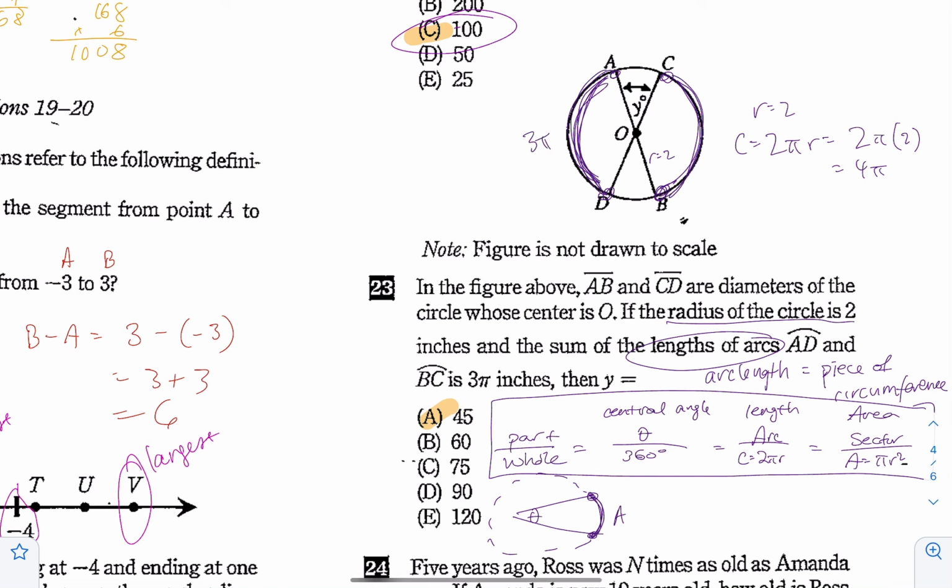So that 3 pi out of the total circumference, which is 4 pi, is equal to 3/4. So the ratio of the angles, in this case these two angles here, will also be 3/4 of 360. And you cross cancel that, 90 times 3 is 270 degrees.